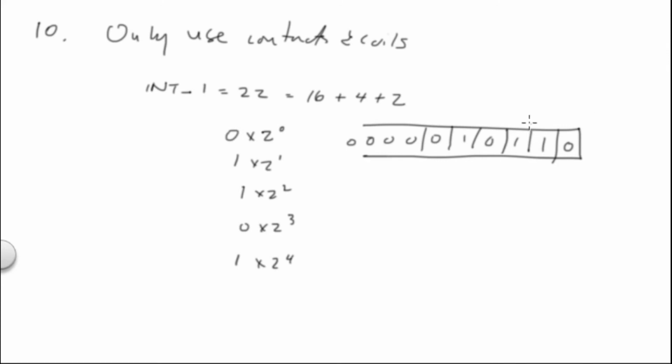So how do I write this? This is the word called int underscore 1. That bit right there, if I'm in Allen Bradley, is int underscore 1 dot 0. If I'm in Siemens, it's int underscore 1 dot x 0.